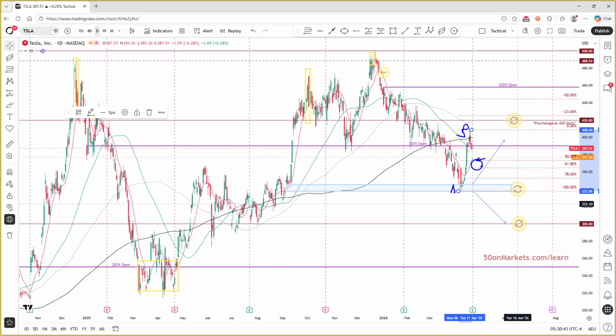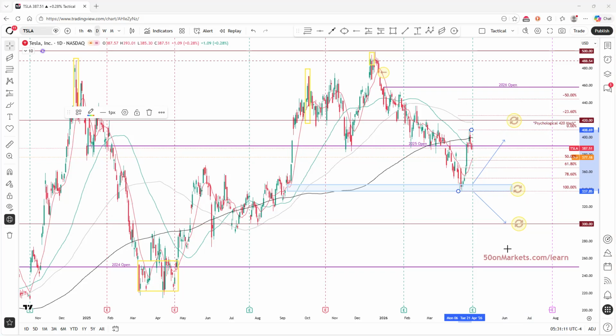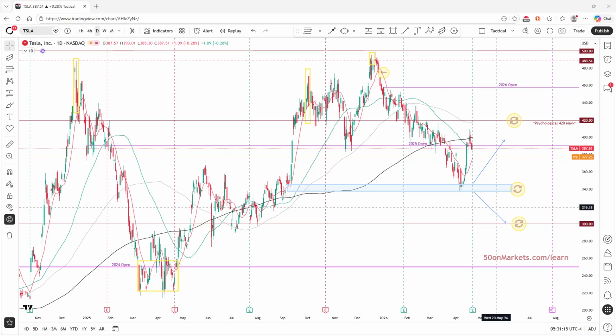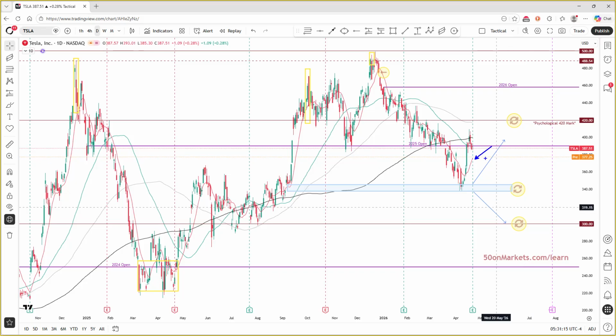As long as this pullback here holds, then your base case assumption is that the market may still try and go for those 420s in extension with just a little bit of this pullback here pre-earnings. People come in, they buy the dip, they go for the gap fill, and they continue to go back to the 420. Or if we lose that mark, then we likely unwind all the way back down. So if you get a day close below the 10-day moving average, we unwind right back down into this low.